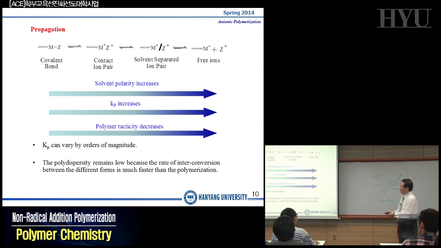Polydispersity is low, and the reason might be that the rate of interconversion between the different forms is much faster than the polymerization reactions. Anyway, this way you can form a very narrow molecular weight distribution in anionic polymerization cases.